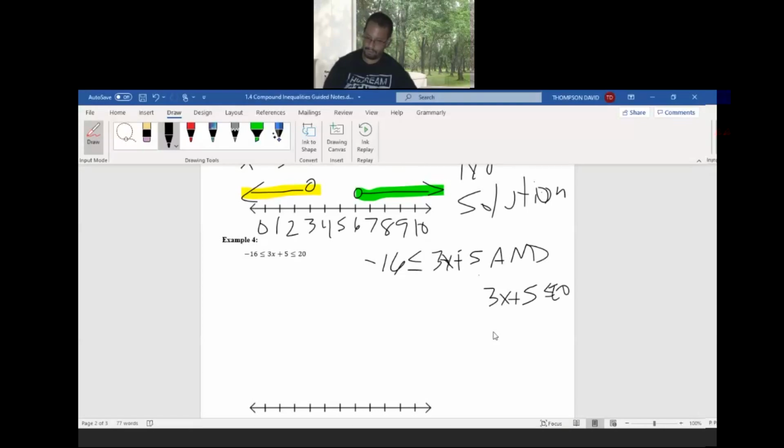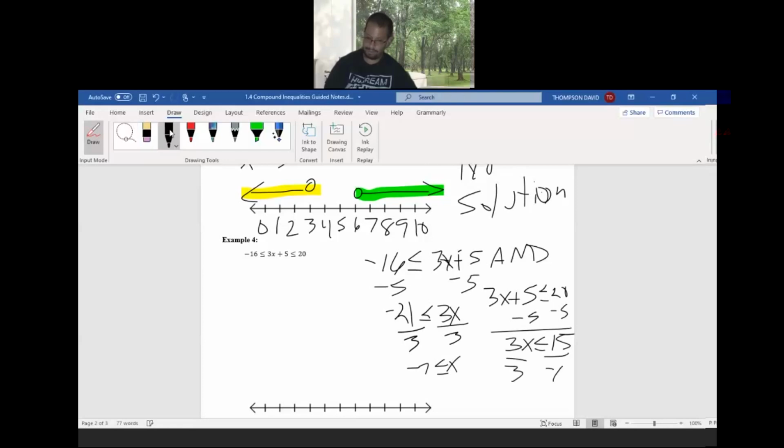For this one we subtract 5, we get negative 21 is less than or equal to 3x, divide both sides by 3 to get x is greater than or equal to negative 7. Same situation here. Subtract 5 from both sides to get 3x is less than or equal to 15. Divide by 3 to get x is less than or equal to 5.